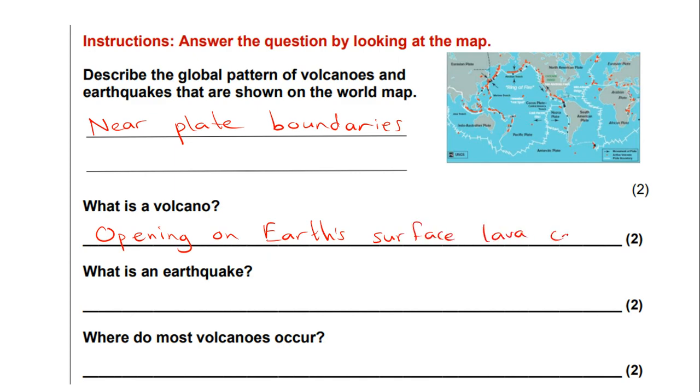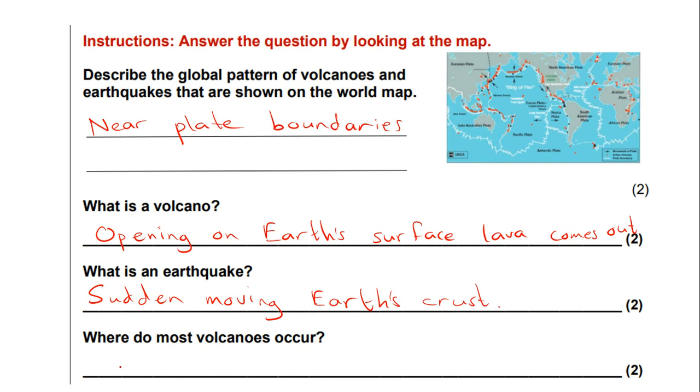Lava comes out. What is an earthquake? The sudden moving of Earth's plates. You can say plates or Earth's surface or Earth's crust. Any of these words are fine.